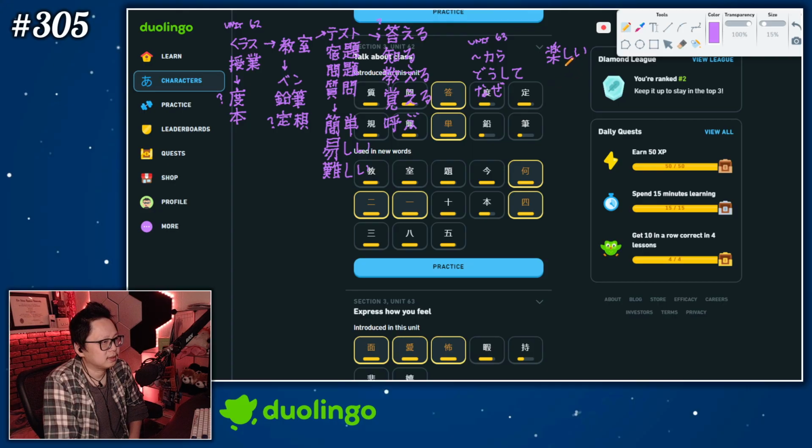Oh, there was like 楽しも, which I don't think I'm gonna commit to remembering this too much. We haven't gotten to this type of thing yet.